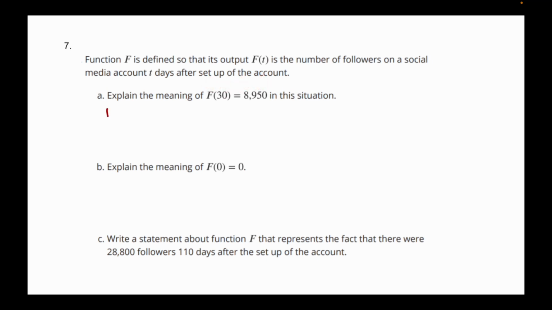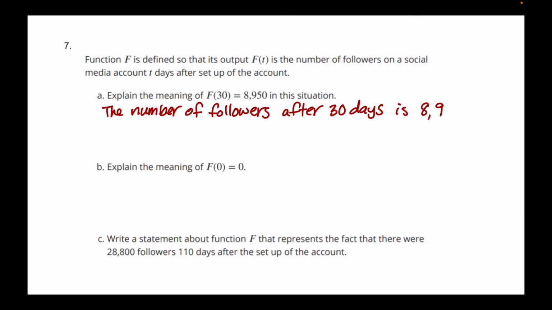The number of followers after 30 days is 8,950.